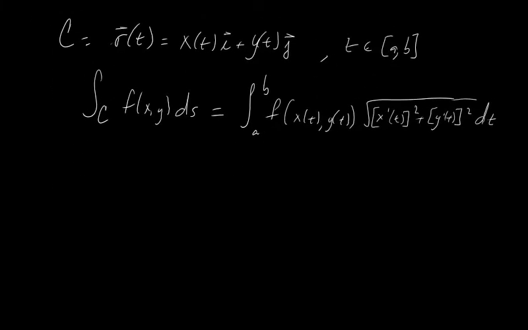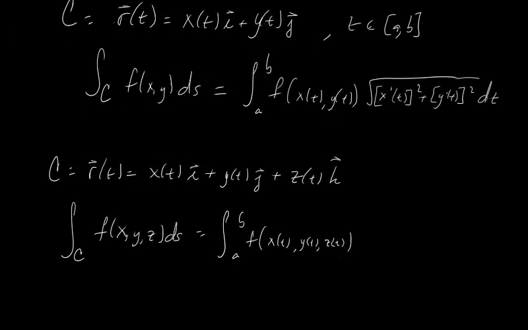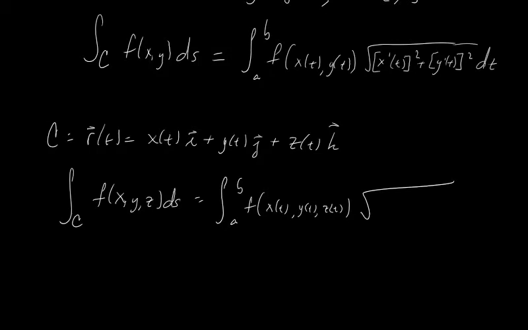So if we have C equal to r of t equal to x of t i plus y of t j plus z of t k, then we just have the integral over C of f of x, y, z ds is equal to the integral from a to b of f of x of t, y of t, z of t times the magnitude of the derivative, square root of x prime of t squared plus y prime of t squared plus z prime of t squared dt.